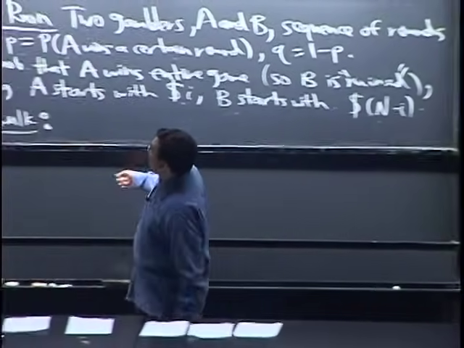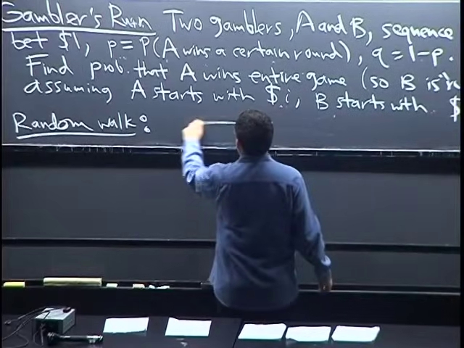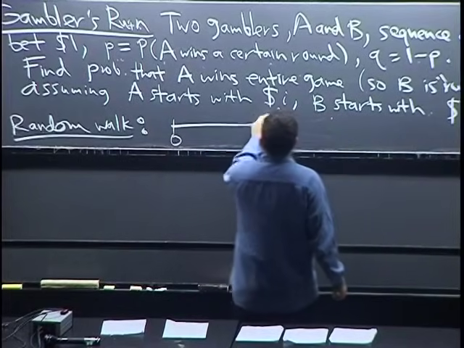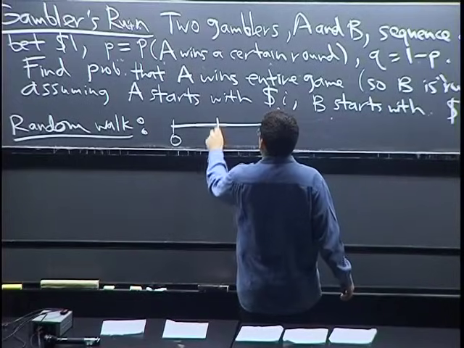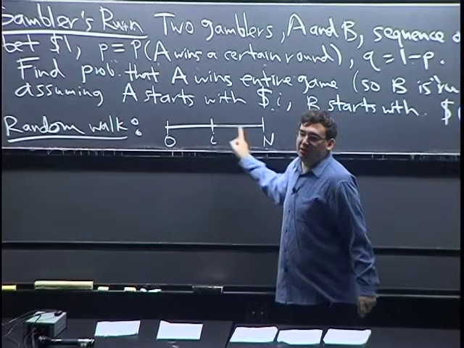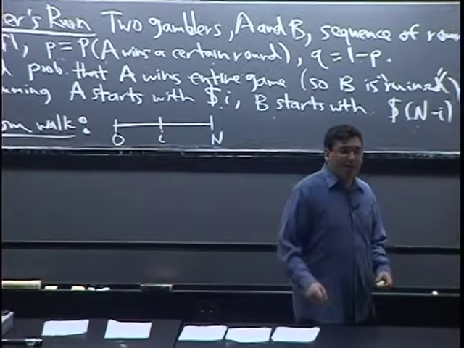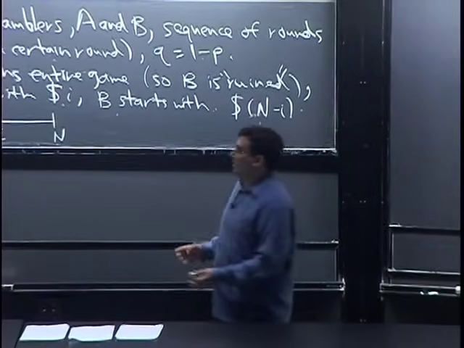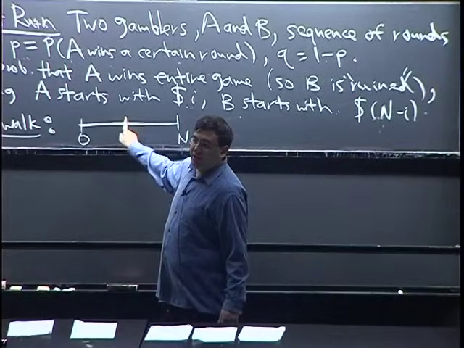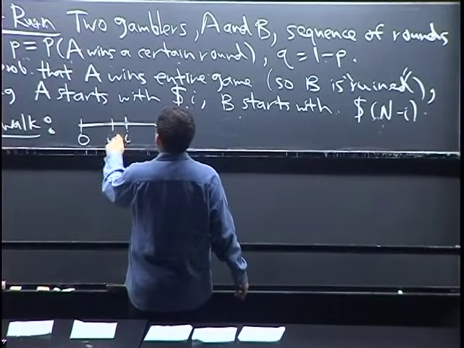So an example of a problem that's exactly the same as this would be a random walk that we can picture like this. Here, I'll just draw a number line, and here's 0, and here's capital N, and here's I. I is somewhere in between. We didn't specify whether I is close to 0 or close to N or near the middle. But anyway, this is the initial starting point. Imagine a bug or a particle that's here at position I initially, and then it moves either one step to the left or one step to the right.